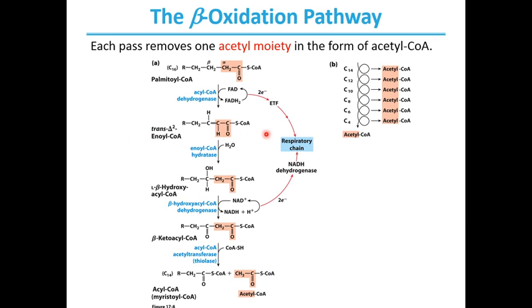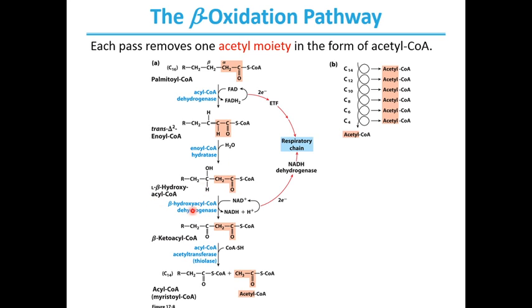Once this molecule is formed, it is acted upon by an enzyme called enoyl-CoA hydratase. As the name suggests, it adds a water molecule to the beta carbon across the double bond to form L-beta hydroxyacyl-CoA. So the first step is a dehydrogenation reaction, and the second step is a hydration reaction.